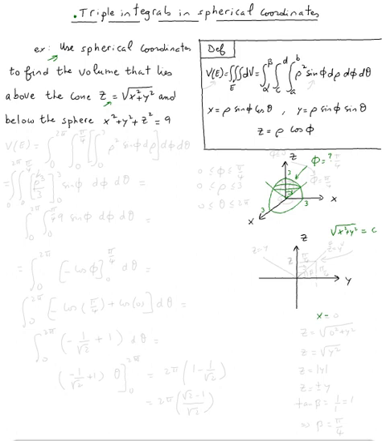So if I let x equal 0, I know z equals square root of 0 squared plus y squared. This tells me z equals square root of y squared, which is z equals absolute value of y, which means z equals minus or plus y.